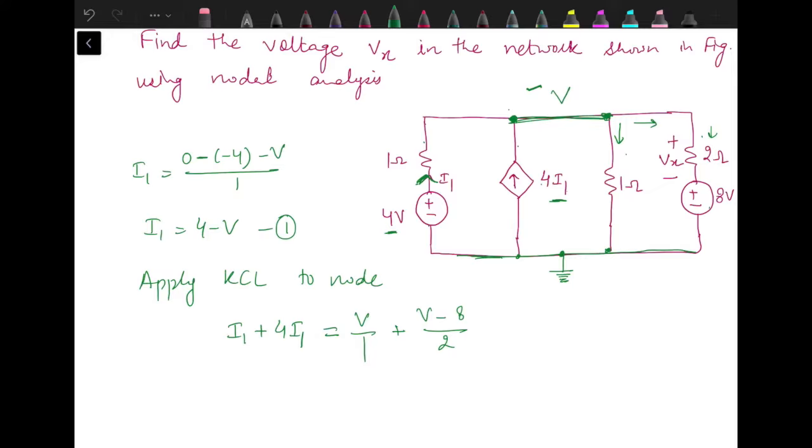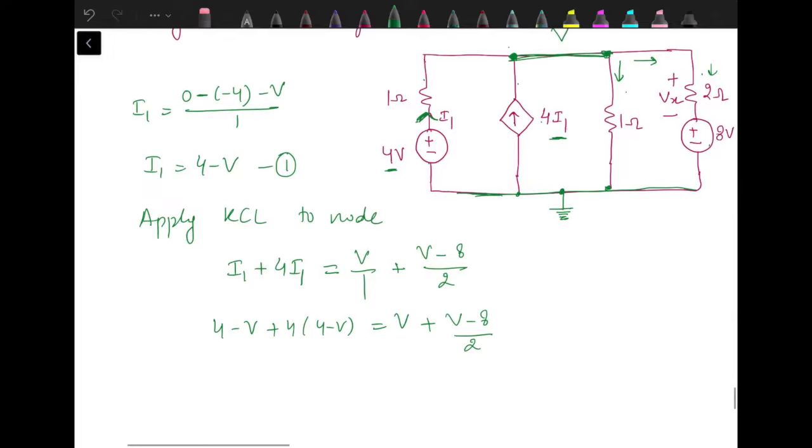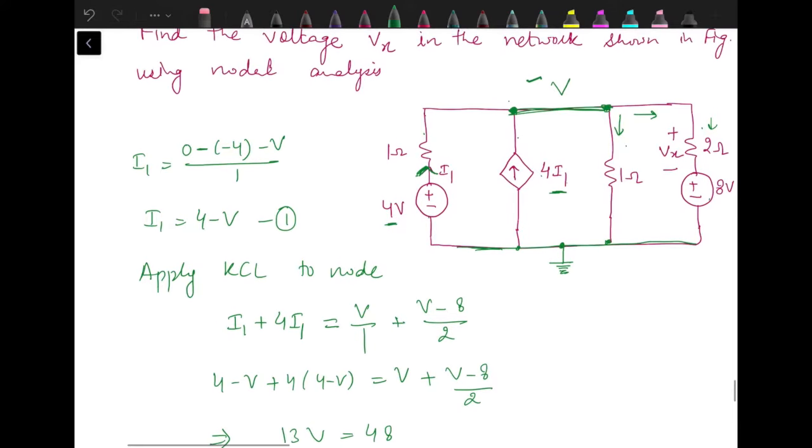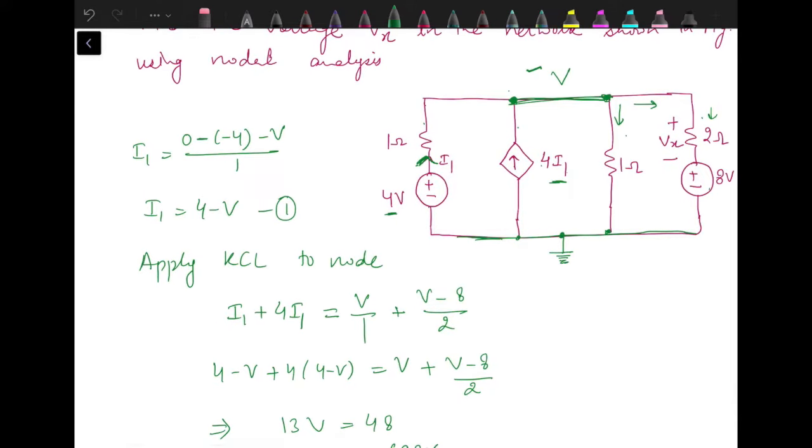Now substituting the value of I1 in this equation, 4 minus V plus 4 into 4 minus V. This will lead to a simplified equation that 13V equals 48 and V is 3.692 volts.